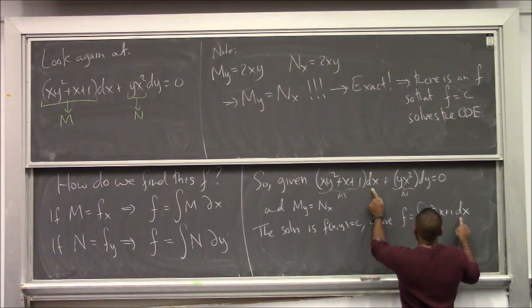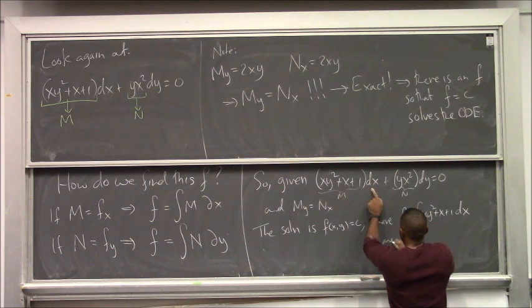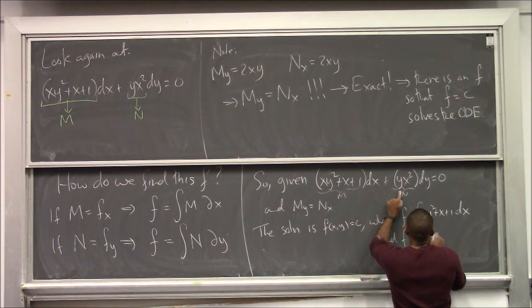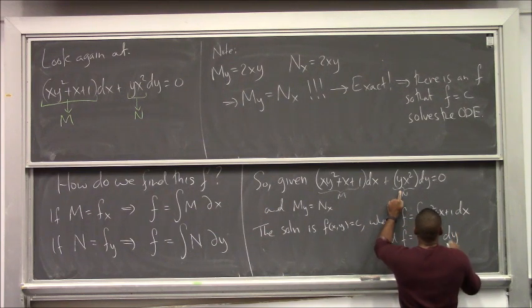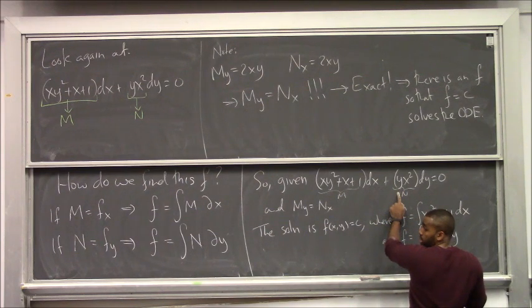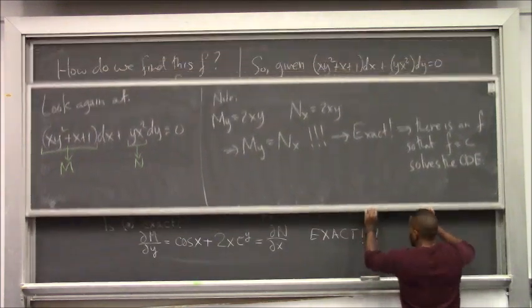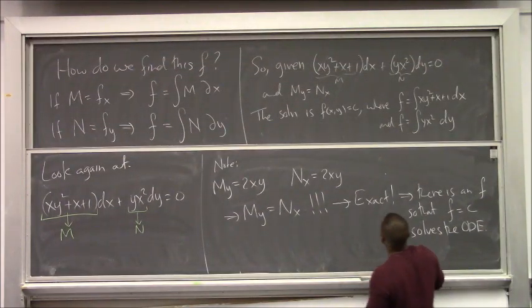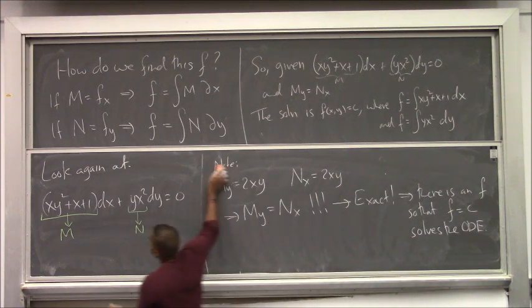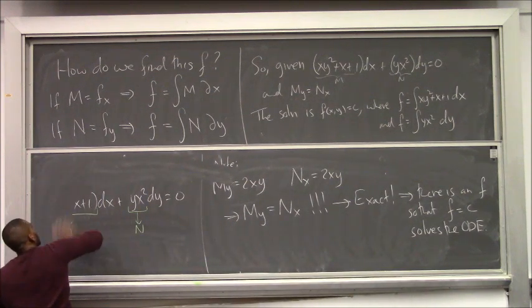So I'm going to integrate it with respect to x. And at the same time, f is the integral of this with respect to y, because I differentiated with respect to y to get that. It's going to be the same thing.